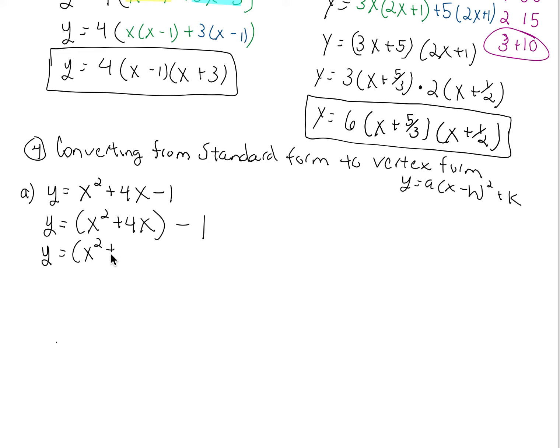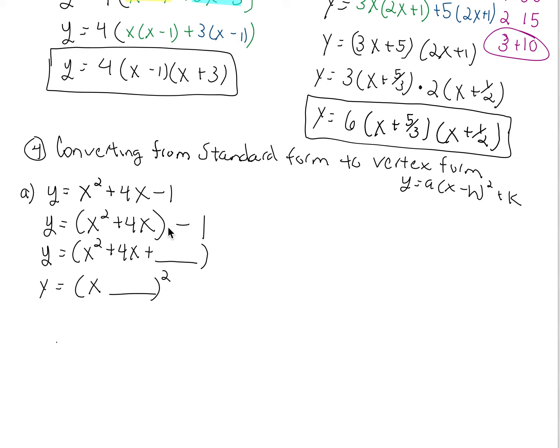So I got x squared plus 4x, and I want to add some number to this. I don't know what that number is yet, so that when I factor this, it becomes something squared. So something times itself. So this factors into a perfect square.